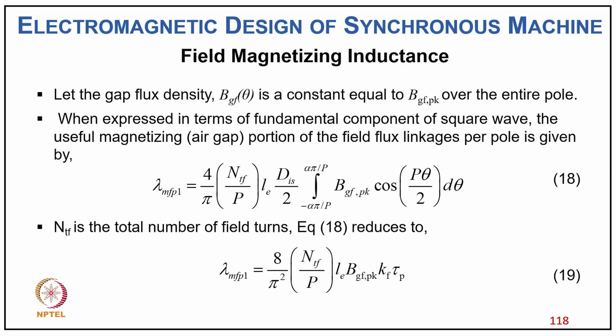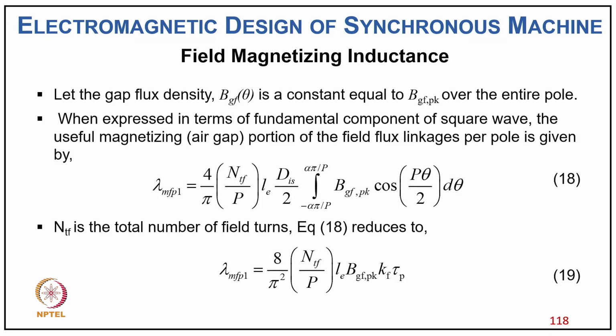Then coming to the field magnetizing inductance. Let the gap flux density bgd theta be a constant equal to bgf peak over the entire pole when expressed in terms of the fundamental component of the square wave. The useful magnetizing air gap portion of the field flux linkage per pole is given by lambda mf p1 equal to 4 upon pi n tf upon p le dis 1 by 2, integration from minus alpha pi by p to alpha pi by p, bgf peak cos p theta by 2 into d theta.